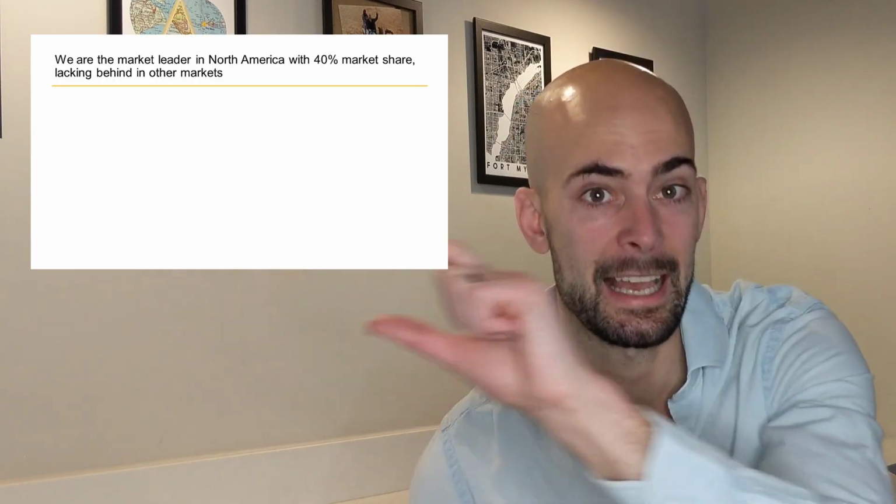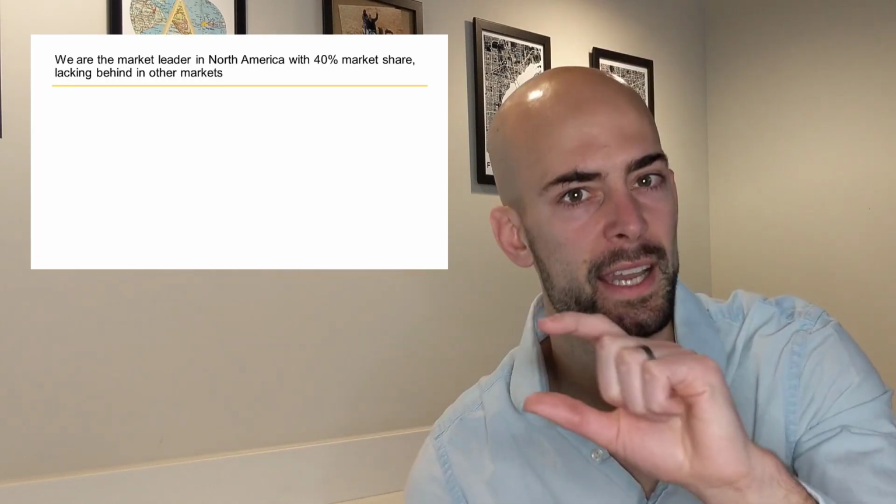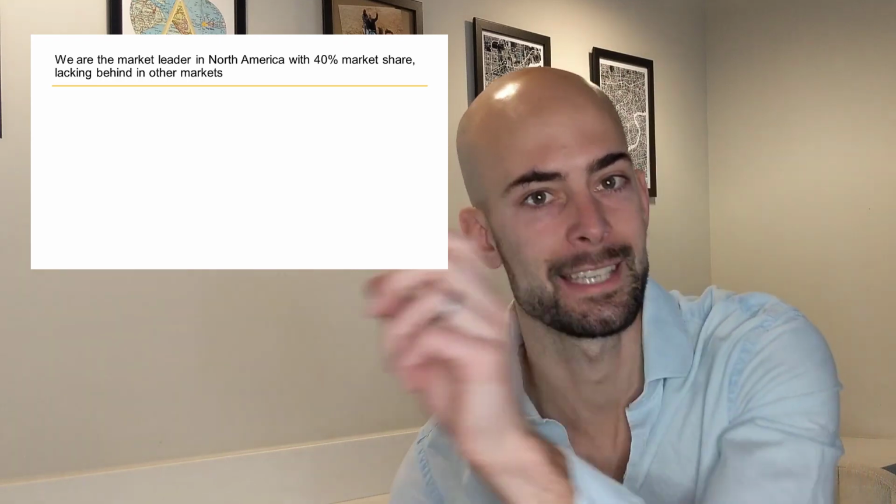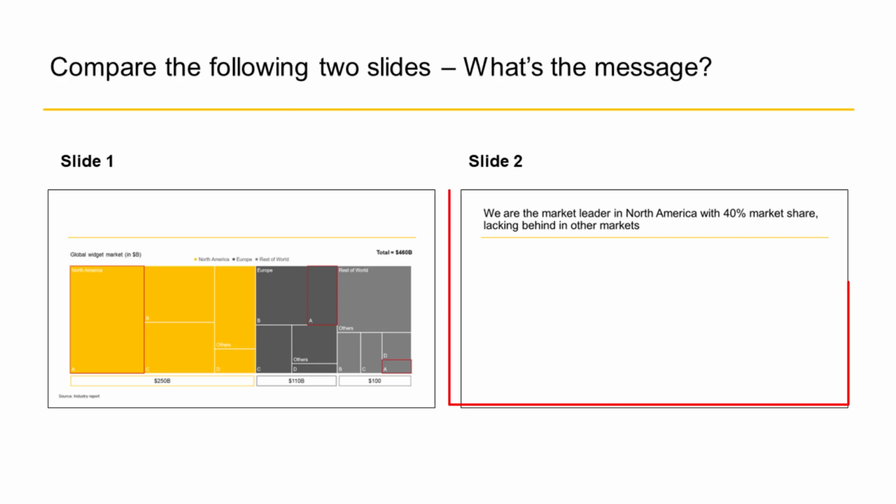And compare that to a slide that just has a compelling, concise, insightful slide title in the header. Which slide would you prefer? I personally would prefer the slide that has the message in the header, because that's the only purpose you're showing that slide, to convince your audience of your message. If your audience agrees with your message, you've achieved your objective.